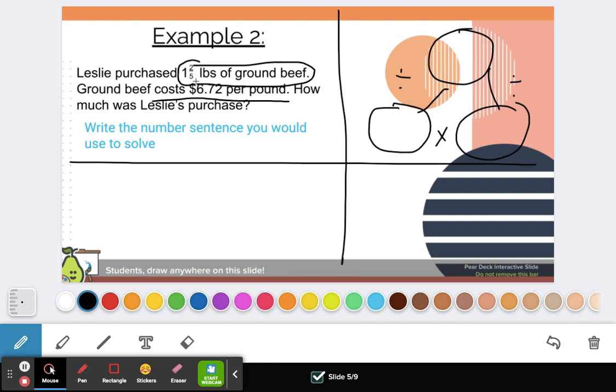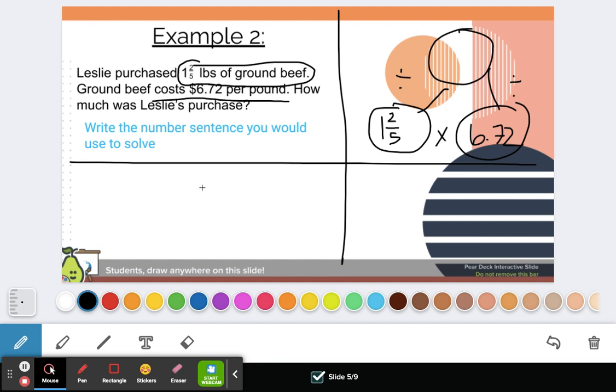Okay, so if we look at this, right, our total, our groups, the amount of groups that she purchased was 1 2/5, and how much was each group, which was $6.72. So every time we have a combination of fractions and decimals, I suggest to look at your answer choices first to see how they want our answers.